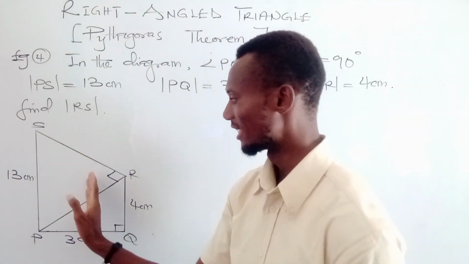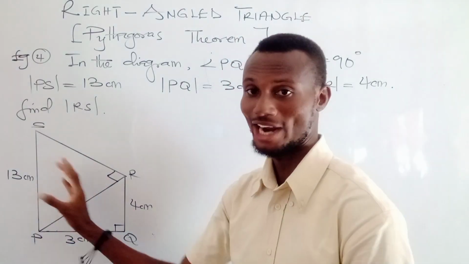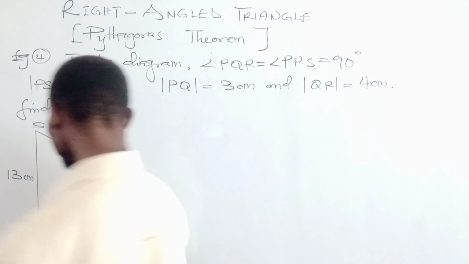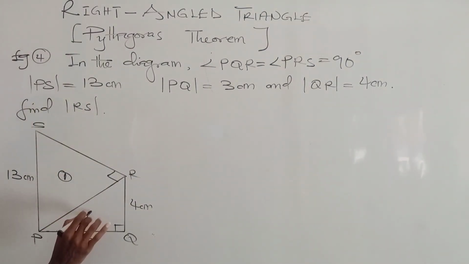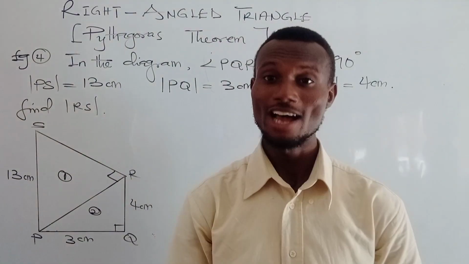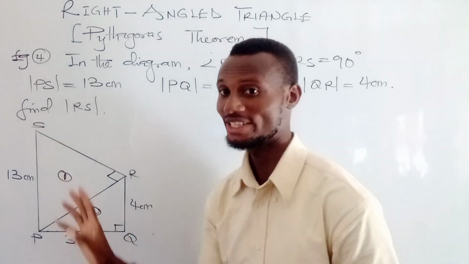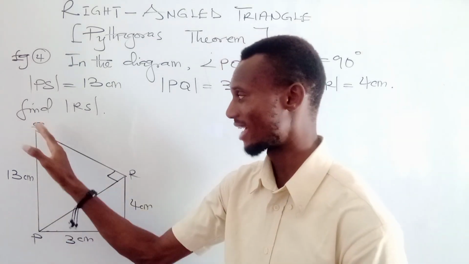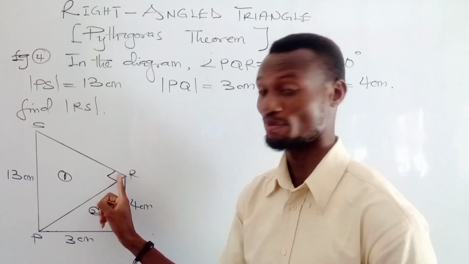Considering this triangle, let me label the two triangles that we have. I'll label this one as the first triangle and this as the second triangle. To find line RS, which is in the first triangle, you can see that it's a right angle triangle because a 90 degrees angle is formed here.